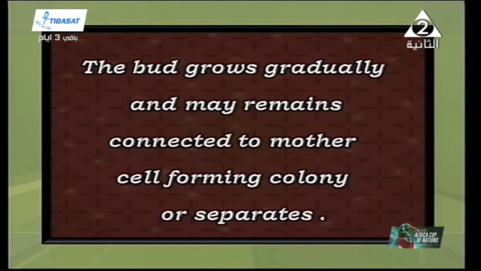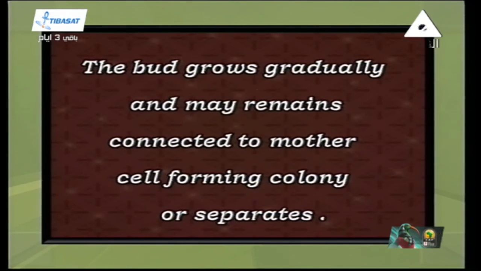So budding reproduction happens by formation of a bud from a parent cell, and it gives a new individual. The mother cell remains, while in binary fission the mother cell disappears. Do remember that: only in binary fission the parent cell disappears and does not remain anymore.